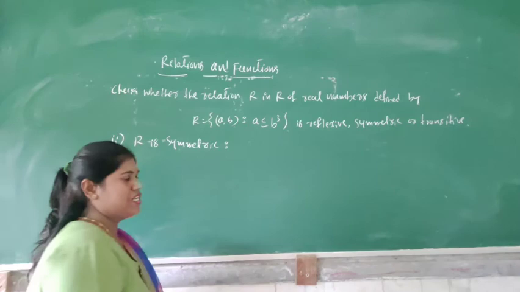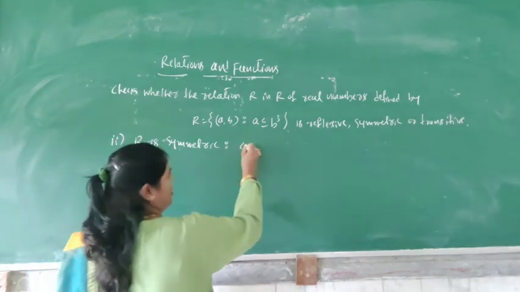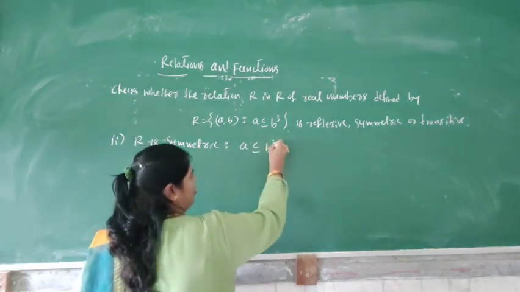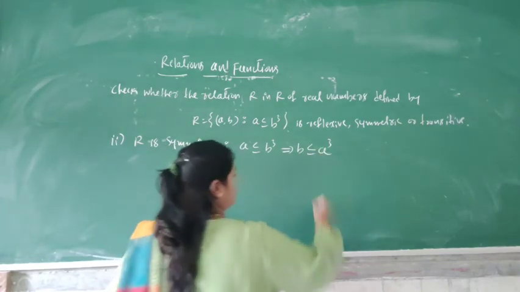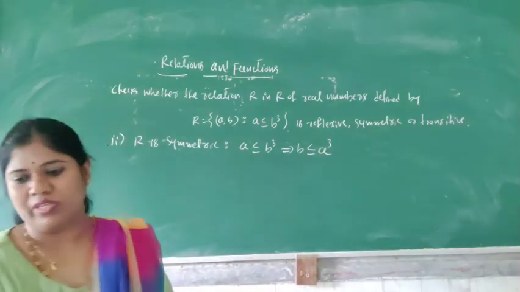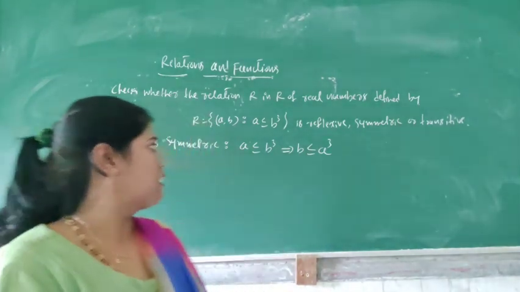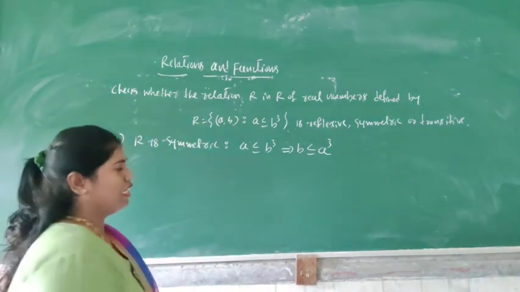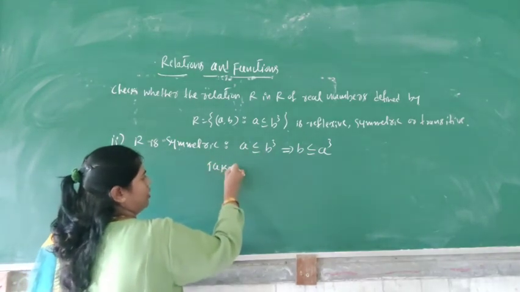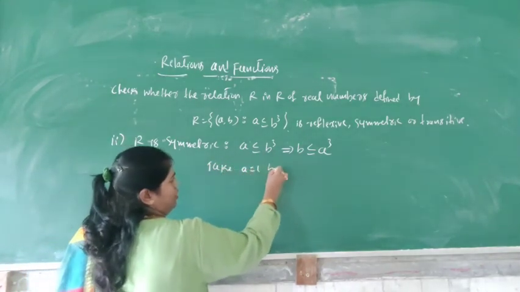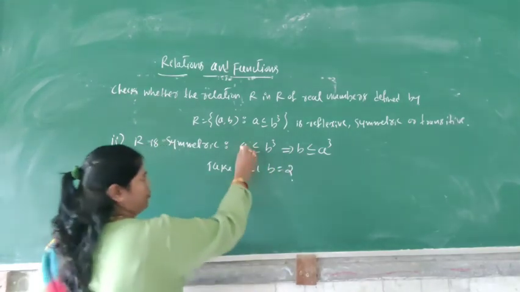What is the symmetric condition? If A is less than or equal to B cube implies B is also less than or equal to A cube, then only this condition satisfies. You can give any counter example. Take A equal to 1, B equal to 2.